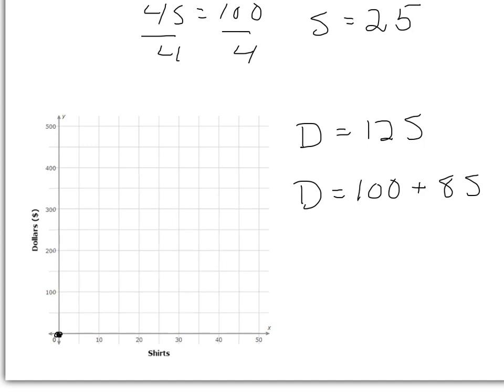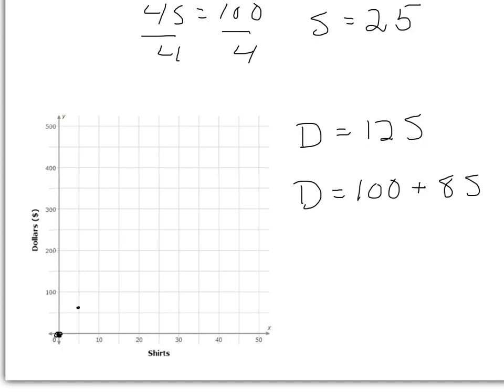And then I need to think about how to graph these so I can work with the scales I have on this graph here. I'm going to go up by 5s. So if I've sold 5 shirts at $12 a piece, I brought in $60. So 5 is up here at 60.